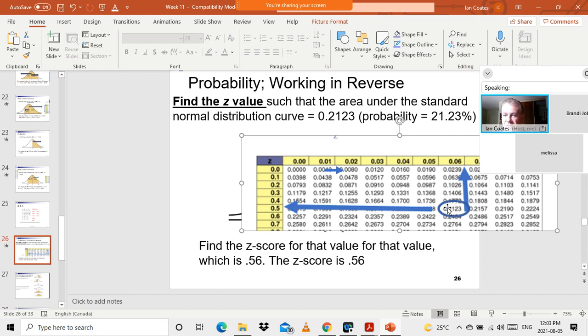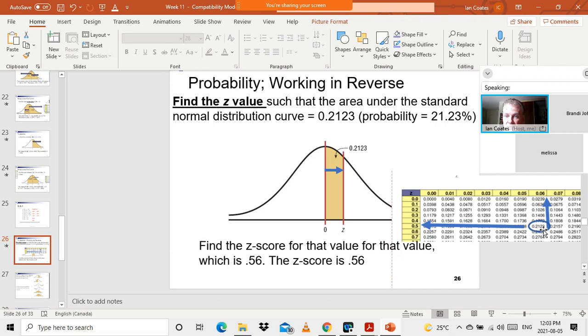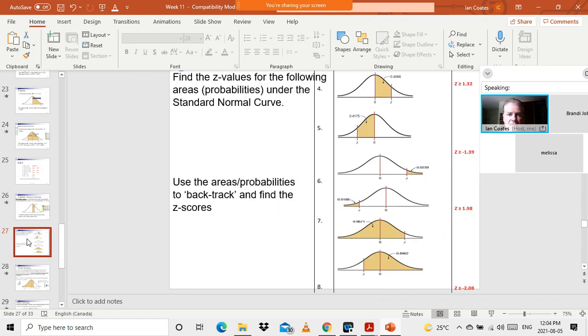And then you just work backwards. So my z value is 0.56, which is right here. So here you're just working backwards. Not too bad.